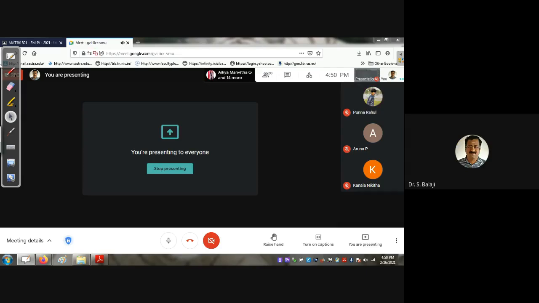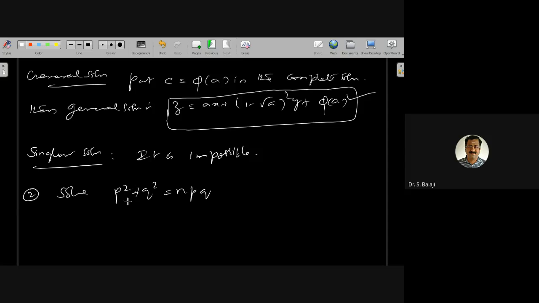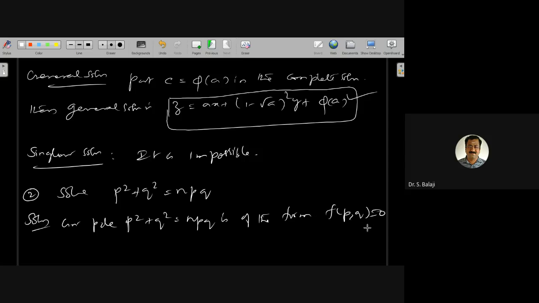This is also of the form f of p comma q, where n is some number. The given PDE, p square plus q square equal to npq, is of the form f of p comma q equal to 0.